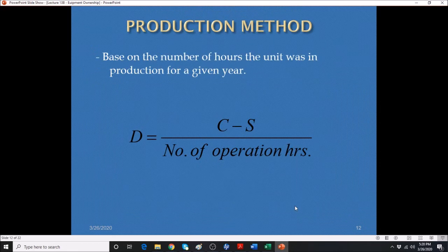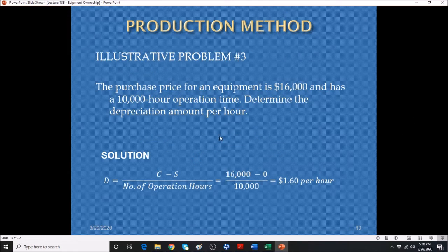So to calculate the production method, it is usually calculated in terms of hours. What you do is just get the initial cost minus the salvage value, and divide it by the number of operations in a given year. Just to give you an example here, we have 16,000.